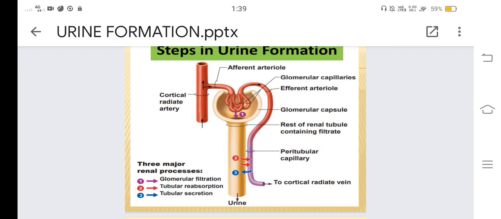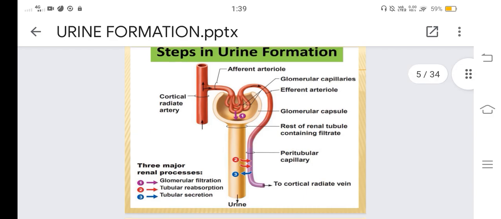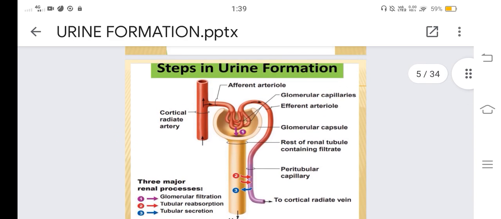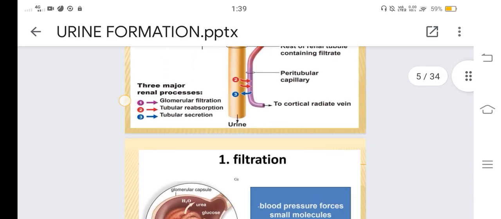Then tubular reabsorption, the whole red colored portions like the peritubular capillary are associated with that process. Then tubular secretion, which is also happening in the peritubular capillary. So these are the steps involved in urine formation.